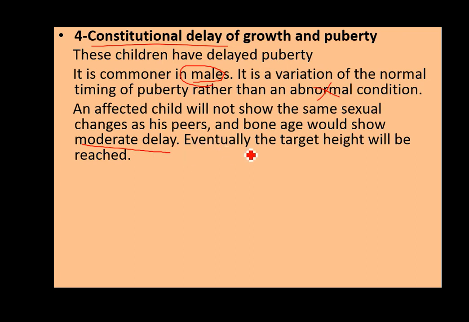Their bone age is delayed, whereas in familial short stature the bone age is not affected, and eventually these children would reach a normal target height. It is just a delay in the time of puberty; they start as short, but the final adult height will be normal.